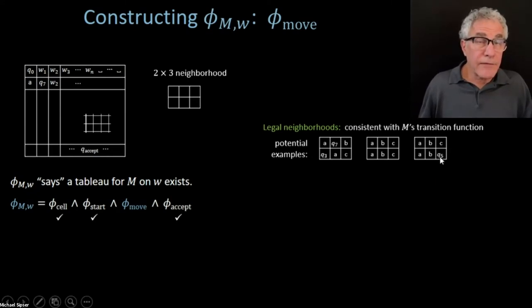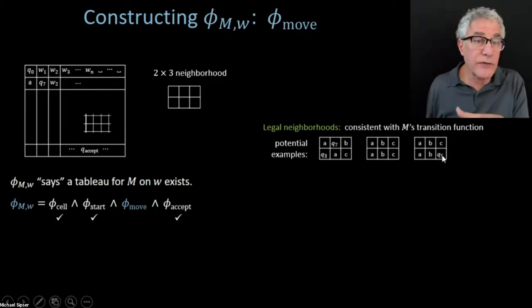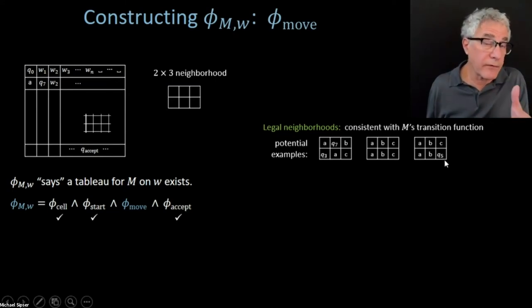If the head suddenly appears on one of the cells, either in the left or the right, that would correspond to the machine moving its head from somewhere off the neighborhood into the neighborhood in that step. So this could be a legal neighborhood, provided the machine actually does move its head left into a state Q5 at some point under some conditions.